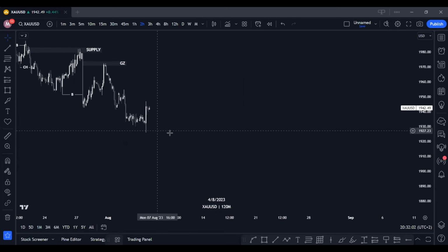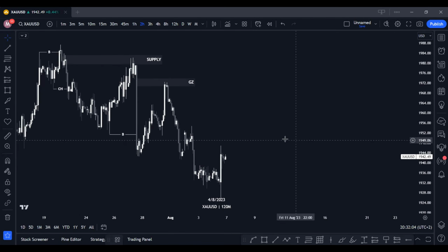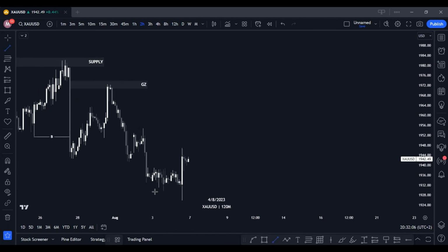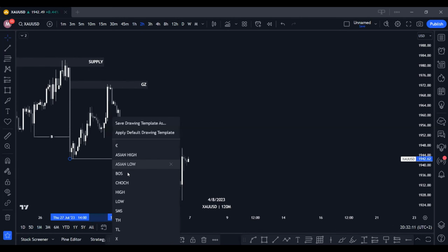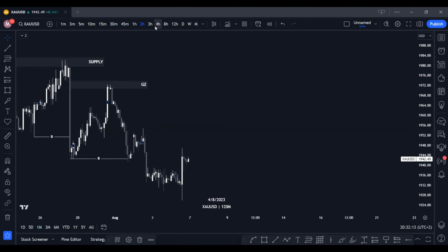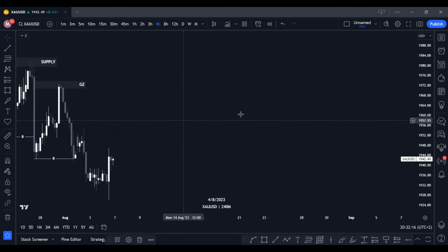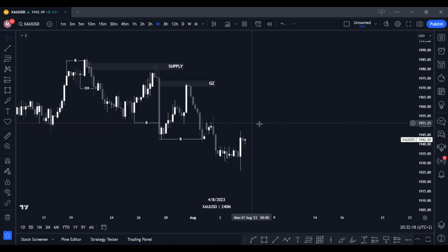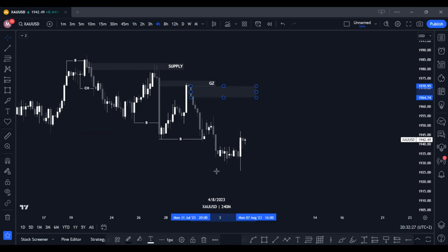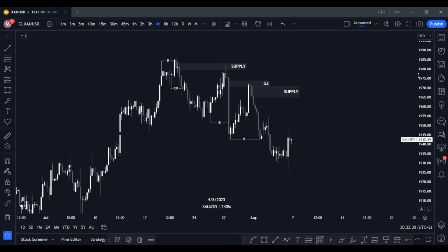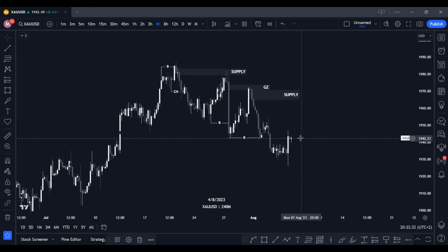But you can continue looking for your selling opportunities on gold, whereby we have this break of structure here, and this break of structure here, and maybe you can look for your selling opportunities somewhere here at this supply area. So that's our first example of our pro-trend trades.